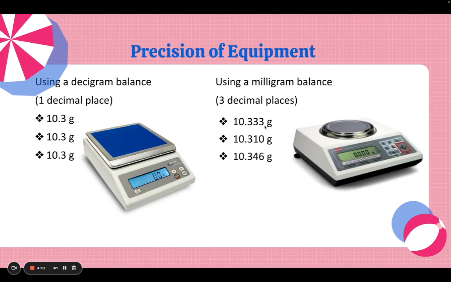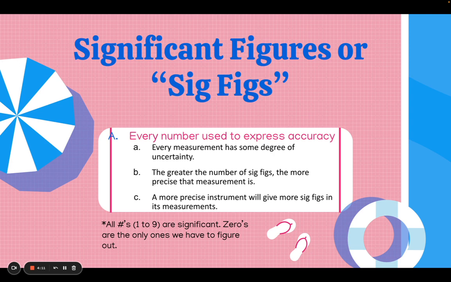Well, on the milligram scale, the very last value, the 3, the 0, and the 6, is also rounded, because what if we had a microgram scale or a nanogram scale? So technically all numbers have some degree of uncertainty because that last digit is always rounded. The greater number of sig figs, the more precise the measurement is. Again, the more decimal places it has, the more significant it is.